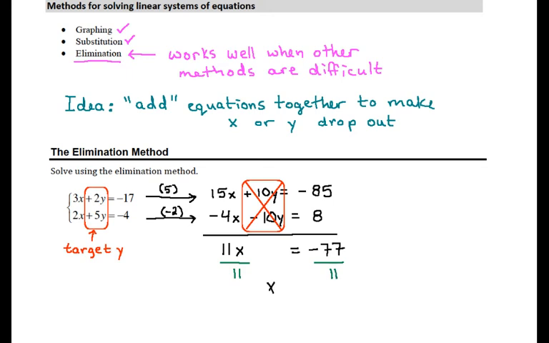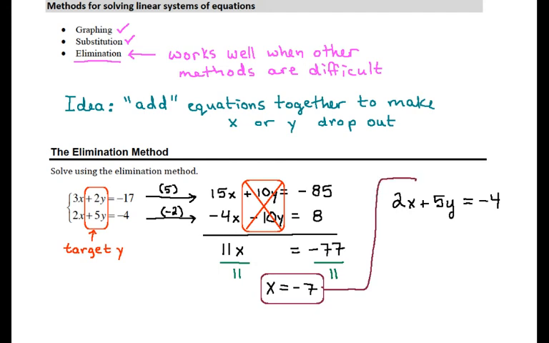This gives me x equals negative 7, and I can find y by just plugging this x into either of the original equations. I'll choose the second one arbitrarily. 2x plus 5y equals negative 4. This value of x I will plug in for this x to get 2 times negative 7 plus 5y equals negative 4.